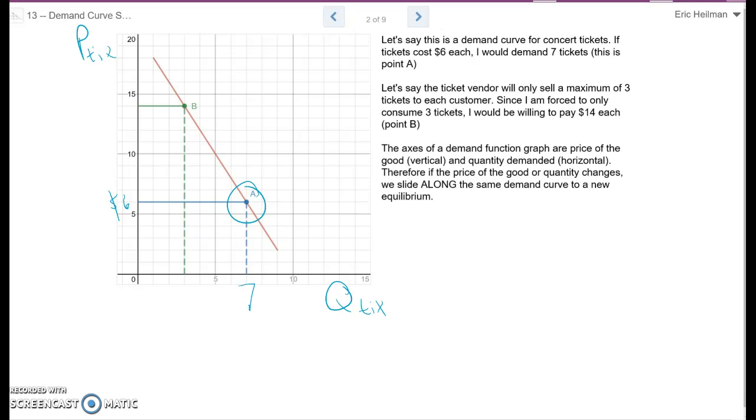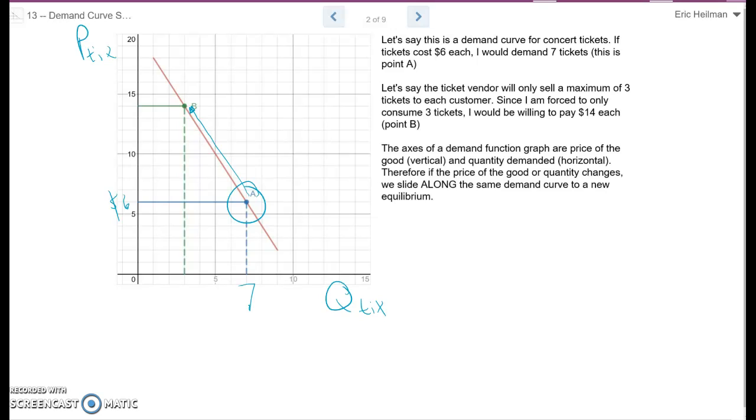So then, in this case, let's say that the ticket vendor says, okay, we're only going to sell a maximum of 3 tickets to each person. So then what happens is, now because the quantity of tickets is limited to 3, again, we are going to slide along the demand curve to B. So again, quantity is one of the variables on the axis.